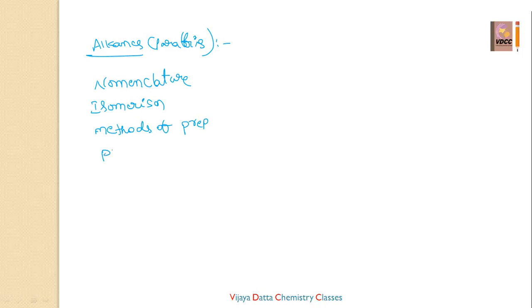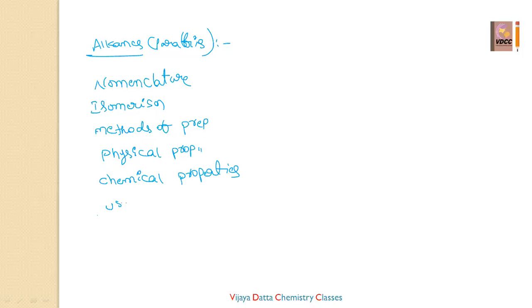Next, physical properties. Next, chemical properties. And then uses. This is the order for studying any functional group in organic chemistry. All these points are important. This is the order we have to prepare in for the exam, either NEET or JEE Mains. This is the order to prepare organic chemistry for every functional group.